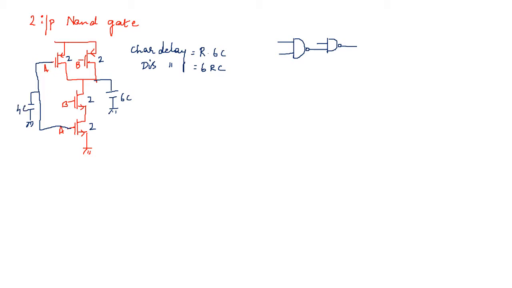So when you cascade 2 gates like this, at this point, what is the total capacitance? First it will have a capacitance of 6C, which is the output capacitance of this NAND gate, and then this will have another capacitance due to the input of this NAND gate, which is 4C as we saw here.